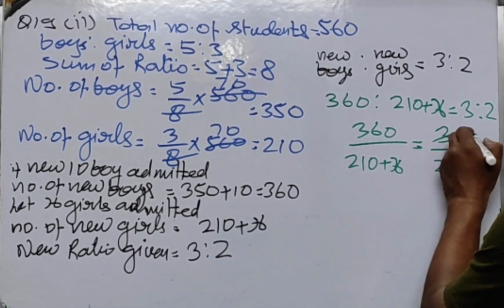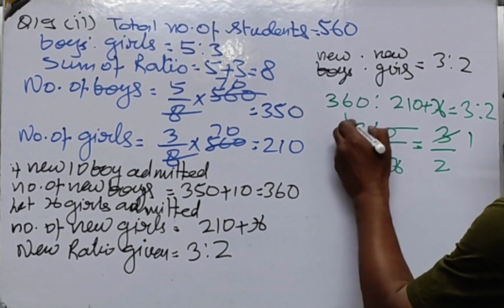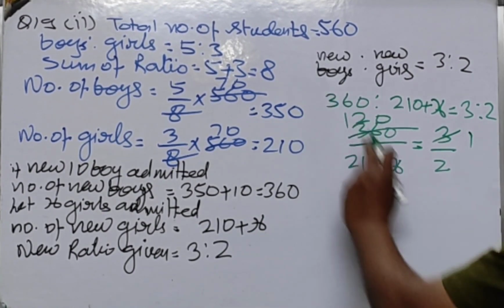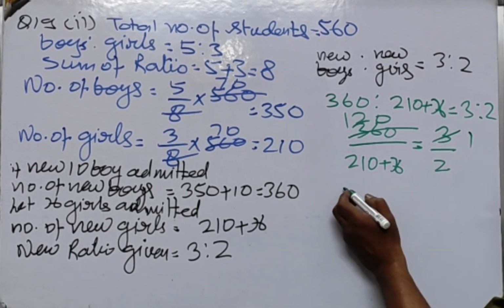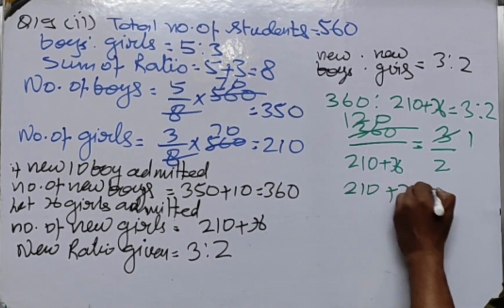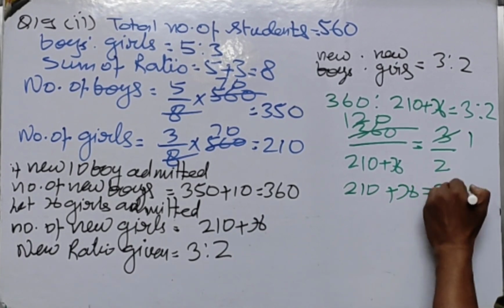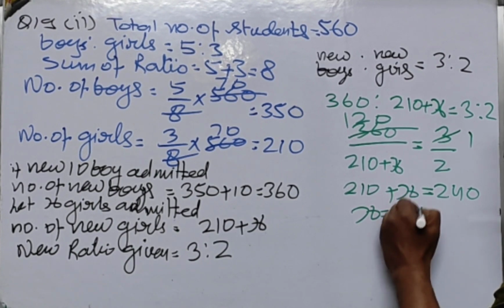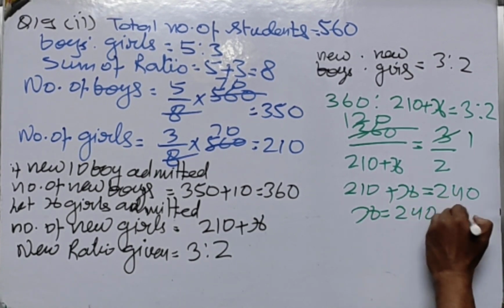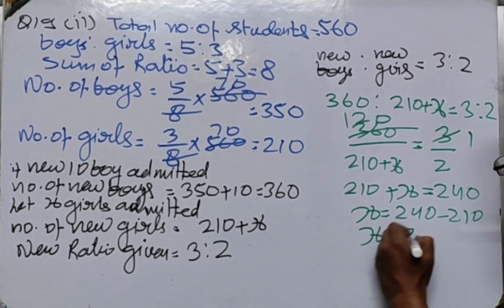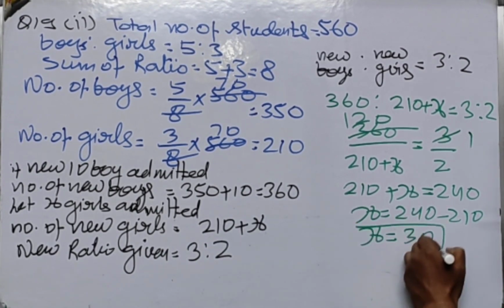This is how much? 3 1s are 3. This is 120. 120 multiplied by 2 becomes 240. So we get 210 plus X is equal to 240. So X is equal to 240 minus 210. So X is equal to 30, right?